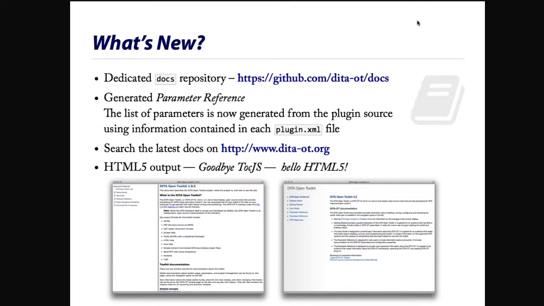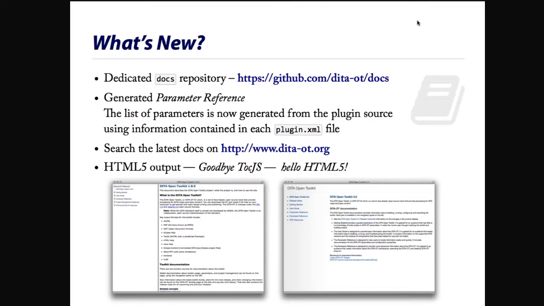One of the other things that's new is something that Radu talked about earlier. Through Radu's suggestion, we now have the opportunity to generate a list of parameters that are supported by the plugins that are included in a certain installation of the toolkit, including the distribution package.